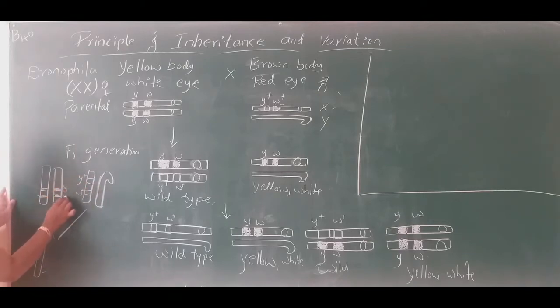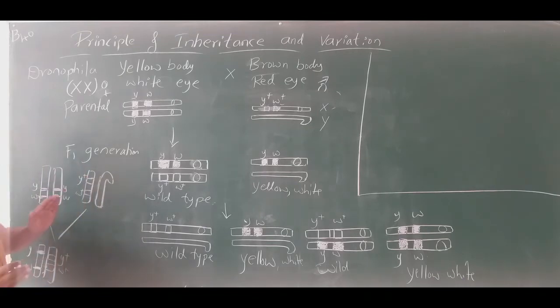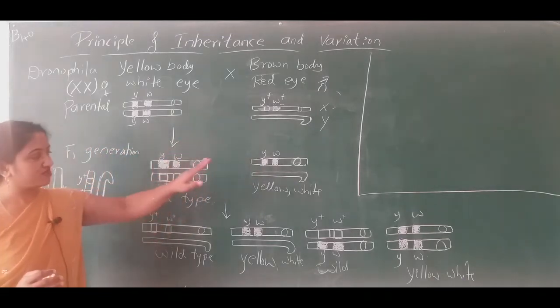Here we are having only Y and W. This one X chromosome will go with this X chromosome. In the F1 generation, what did we get? One X chromosome will be as it is, and one X chromosome will have the dominant genes Y plus and W plus, and this X chromosome will go with the Y chromosome. That's what I have written here.